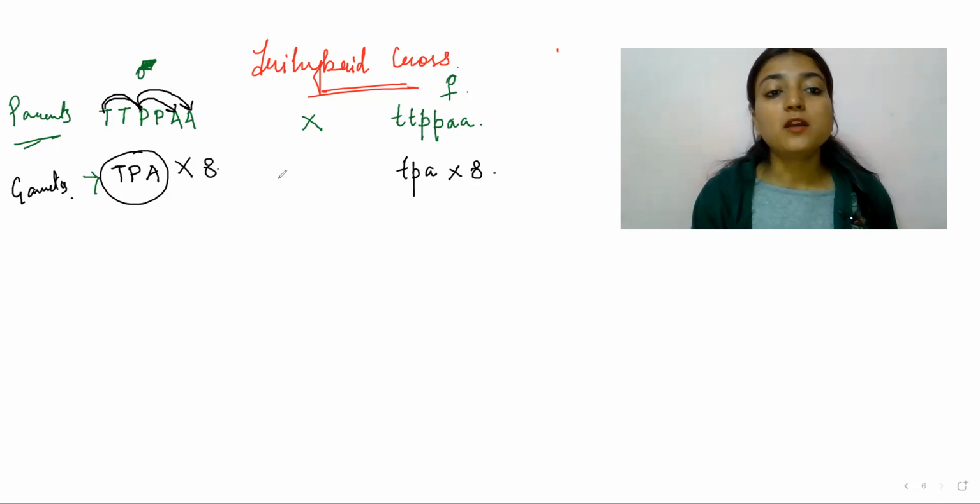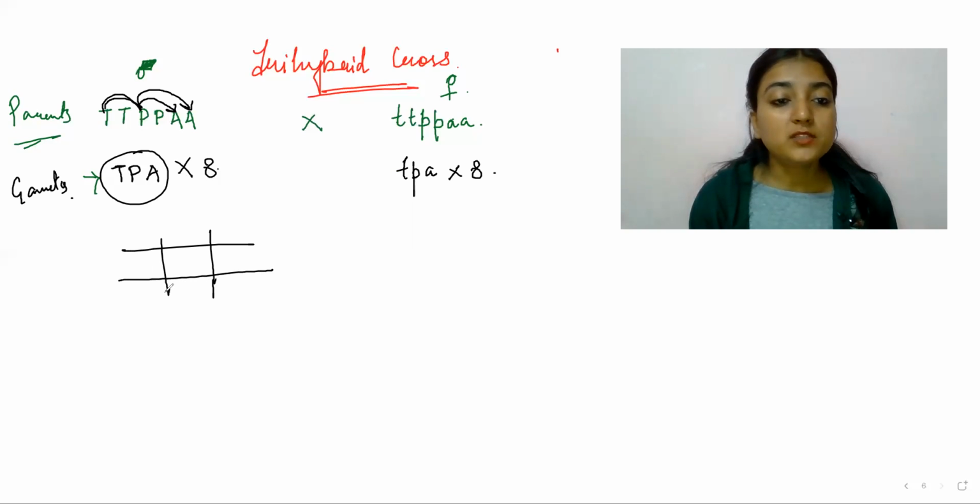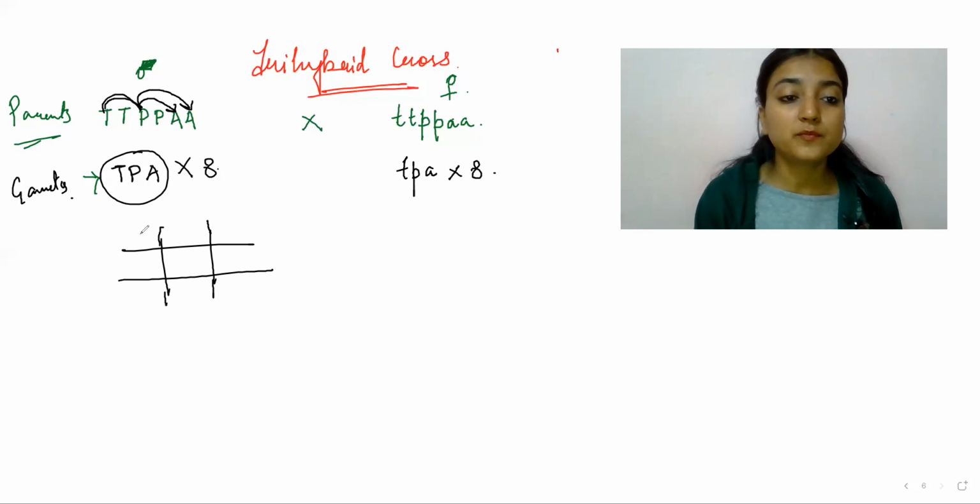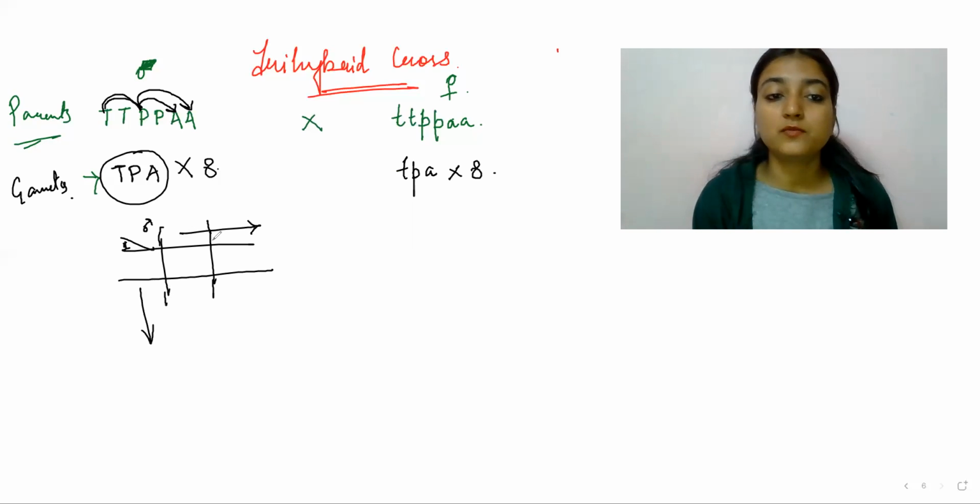Now you have to make a Punnett square for all these gametes, but making the Punnett square will take a long time. So I'm just telling you, the Punnett square will be the same, and there will be 8 columns and 8 rows. You just have to write here male and female, and here it will be 8 in number, and here will also be 8.